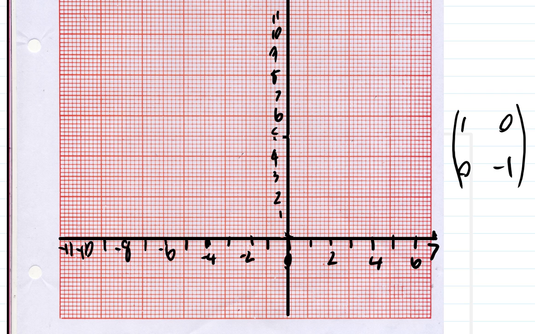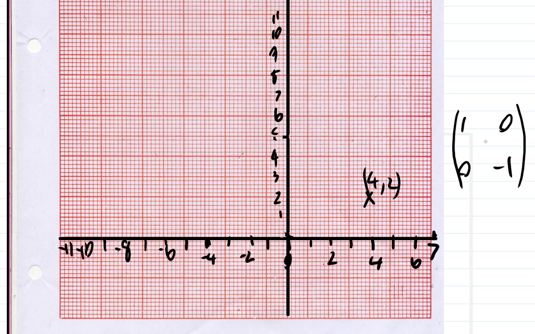Alright, so we want to find out what this matrix does. Suppose we have a point at 4, 2.